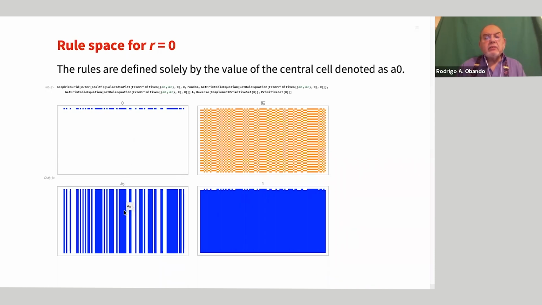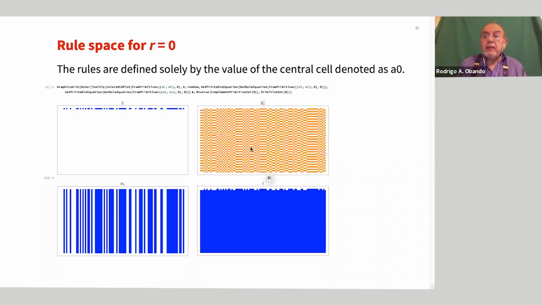And down here, we have a sub 0. This a sub 0 means that whatever is in the cell is what is going to be the output. So it's the identity. Whatever input you have is going to be reproduced for the next evolution. And then the last one is a sub 0 complement.